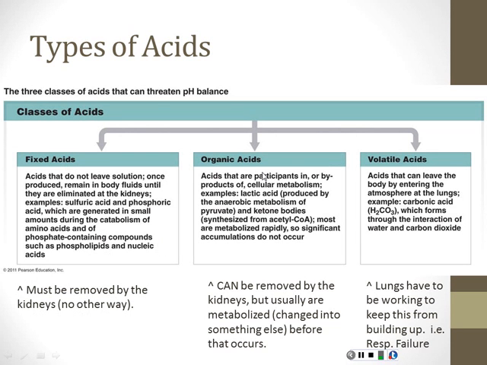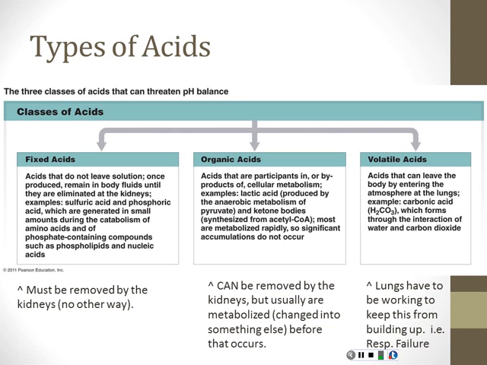Okay, and then the third group is the organic acids. And these are acids that typically can be metabolized or broken down into something else. So the best example of this is lactic acid. When we use our muscles in an anaerobic way, lactic acid builds up, right?